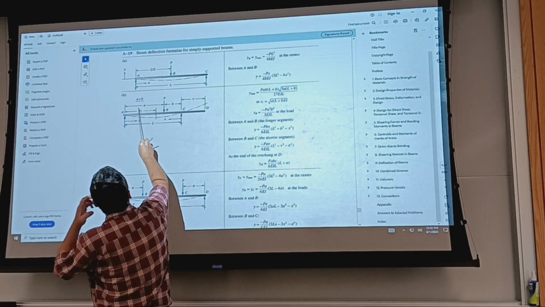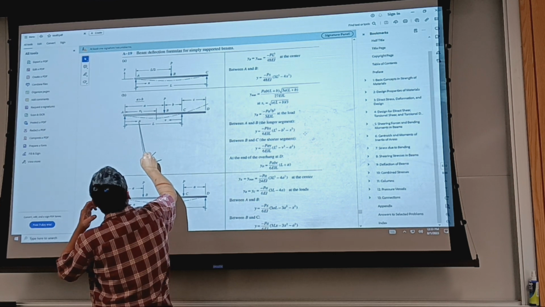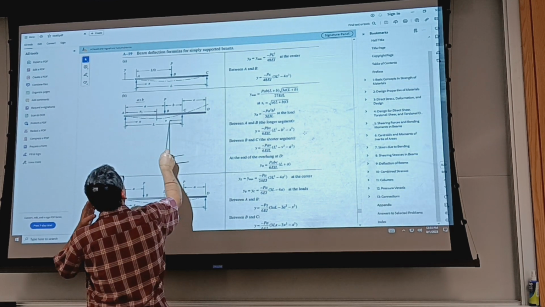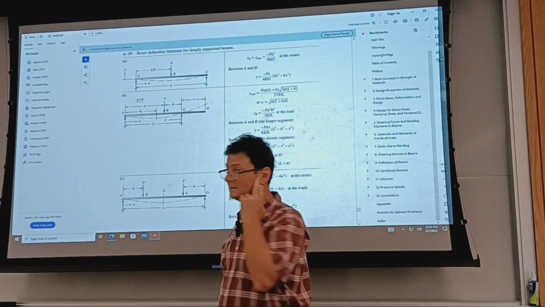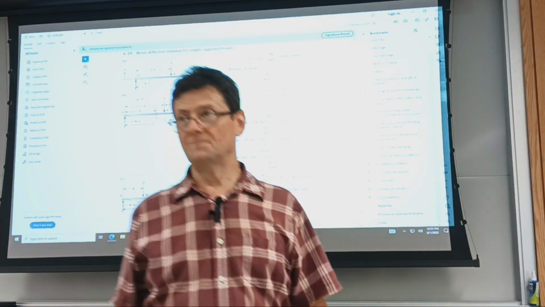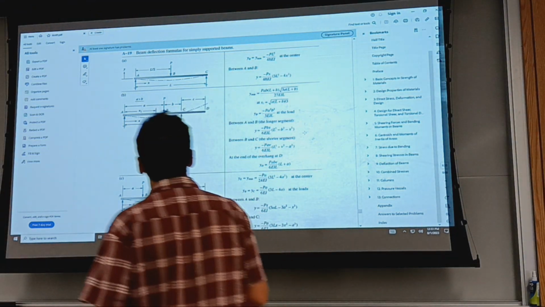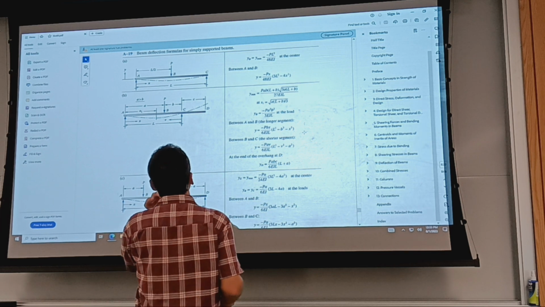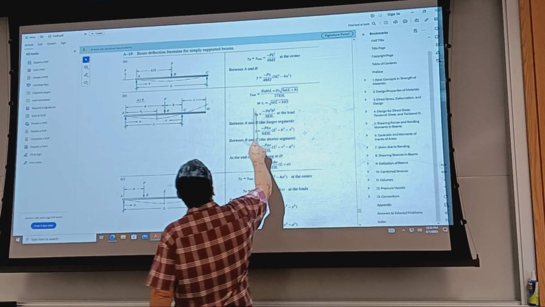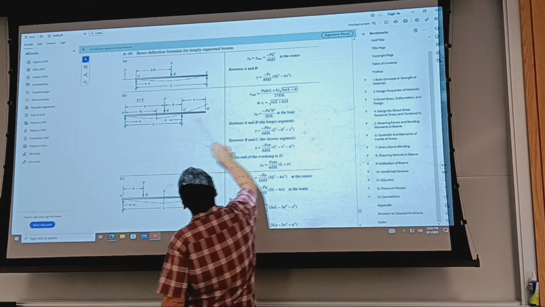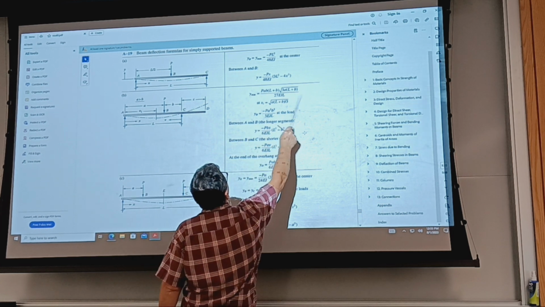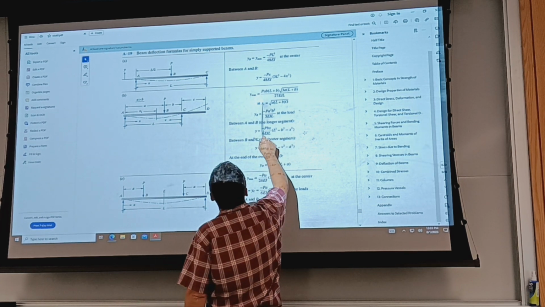And you can see here an x1, and then you see the x. And there's a v. So read carefully what is provided. And then it says maximum deflection. If you're interested in the maximum deflection of the beam, you look at this, and it says where it is, x, y.